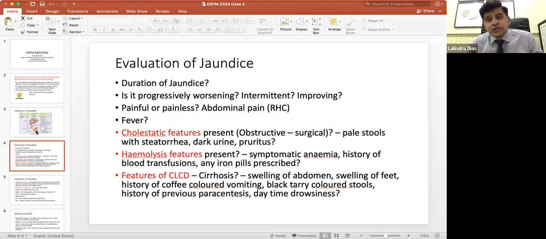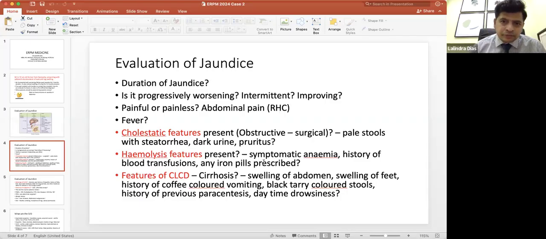If you get a bulky stool, which is very smelly and also difficult to flush, it floats. That's called steatorrhea. Then also ask for dark urine, where the patient has dark, tea-colored urine, and also ask for pruritus, itching. Those are features which favor cholestatic or obstructive jaundice.